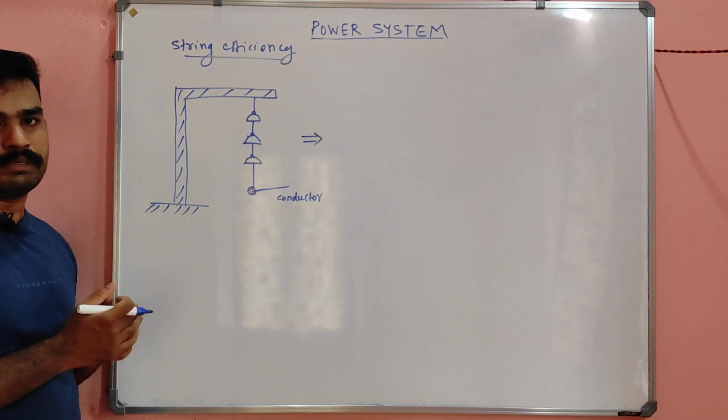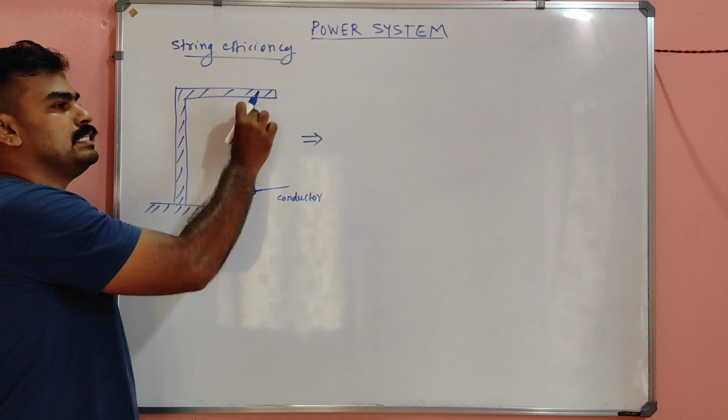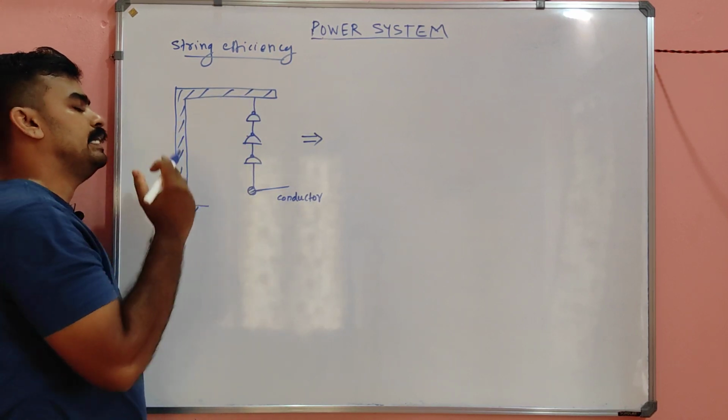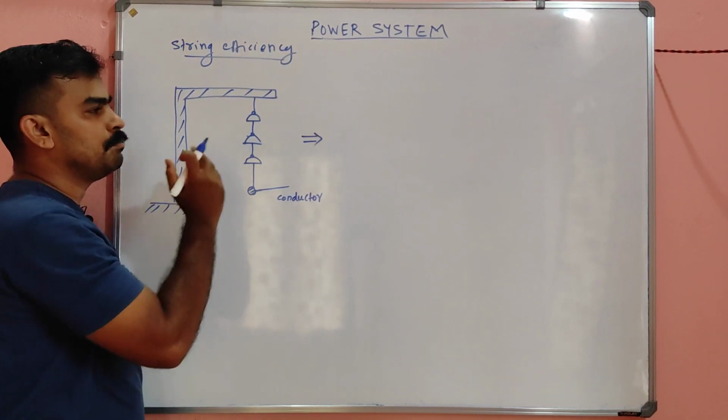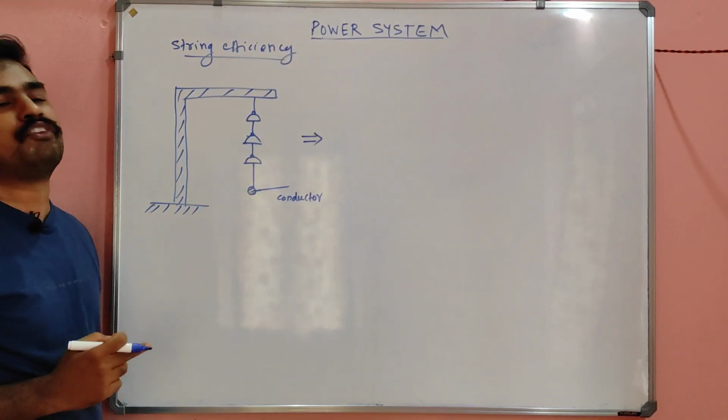A string means each disc, or each unit of the suspension type insulator. There may be two types of capacitors formed.